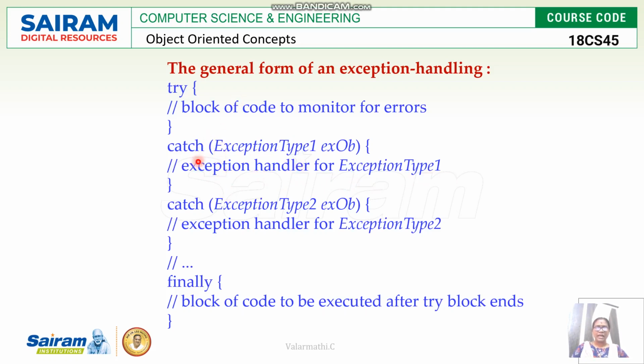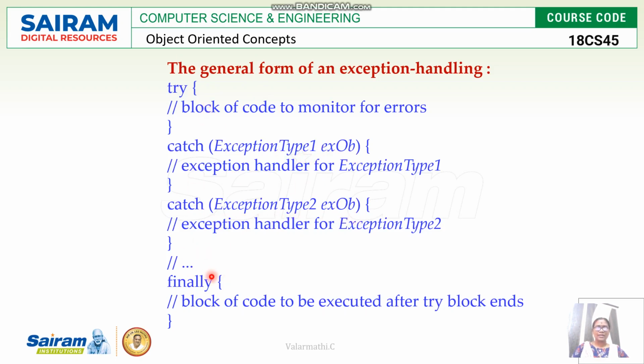Similarly, for one particular block of code in try, we can have multiple catch blocks. That is a good example of multiple catch exceptions. The first is for exception type 1, for which one object is created, and similarly for exception type 2, one object is created.